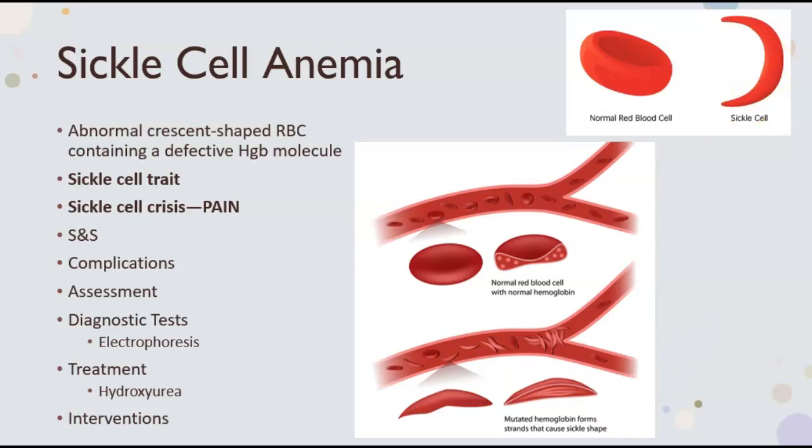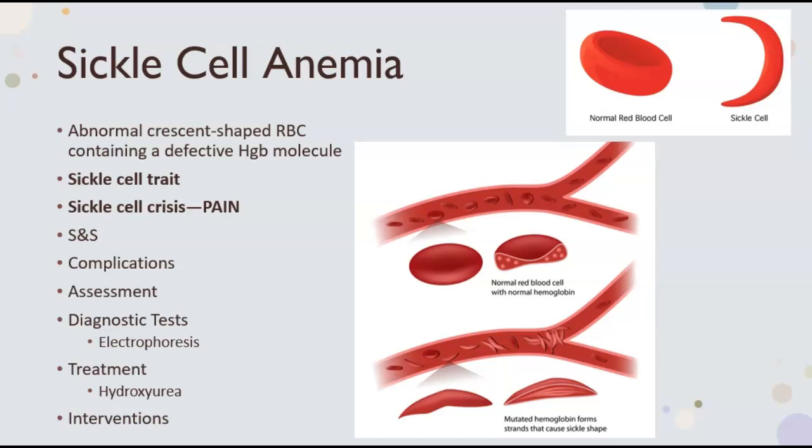Sickle cell red blood cells only last about 10 to 20 days compared to the normal red blood cell that lasts about 120 days. Sickle cell anemia is severe, chronic, and incurable, and it commonly affects African or Eastern Mediterranean heritage.